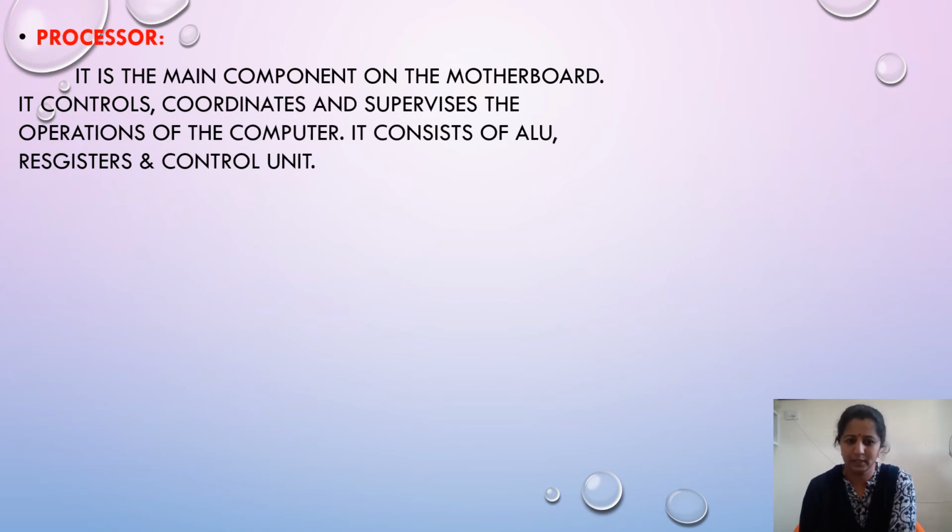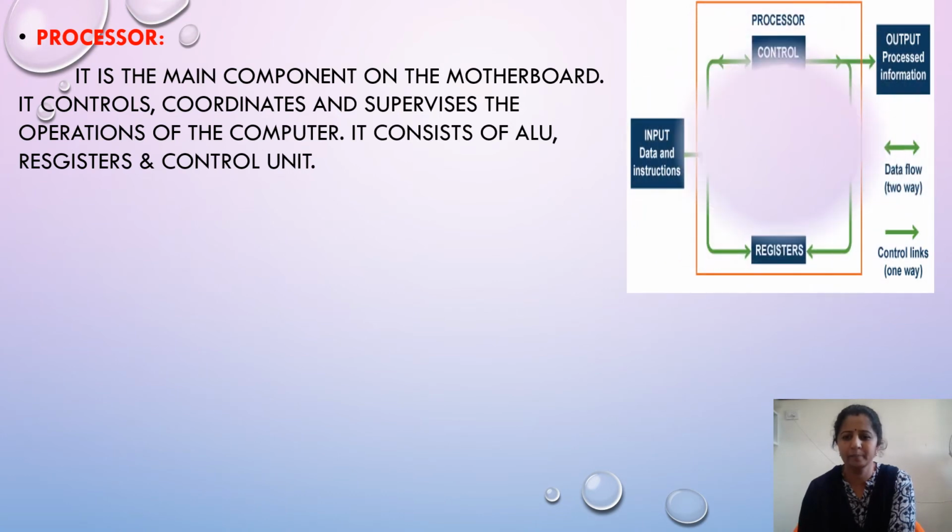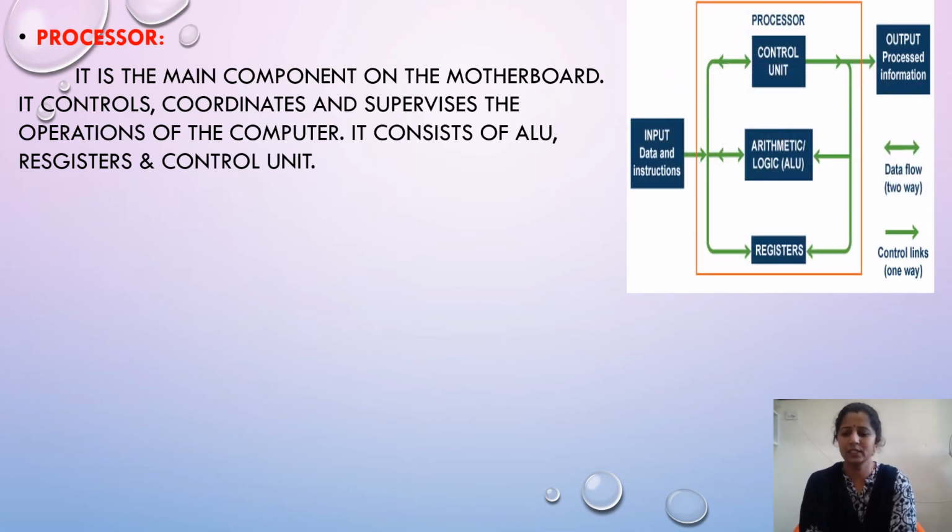Then processor. Do you remember that last year we discussed this diagram? Yes, this is the block diagram of the computer. A block diagram contains input unit, output unit and CPU. The CPU contains three components: control unit, arithmetic logic unit and registers.